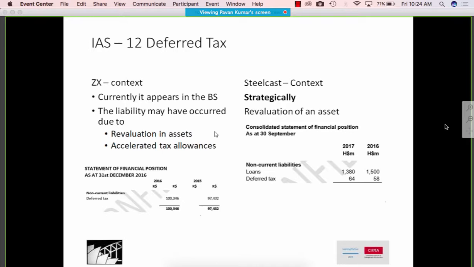Like I said in the beginning, I'm not going to go into the details of what accelerated tax allowances are. So these could be some of the reasons why the deferred tax can come up on the liability side. Can anyone share any other thoughts that you have on this one? What else could be the reasons why we could have a deferred tax on the liability side?